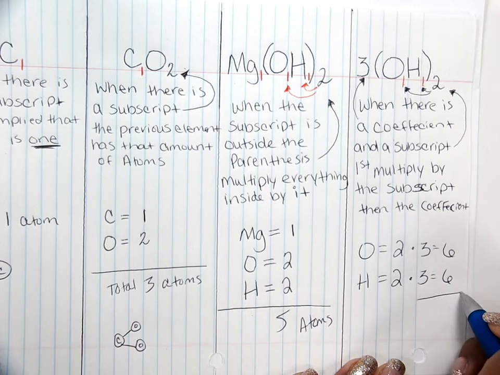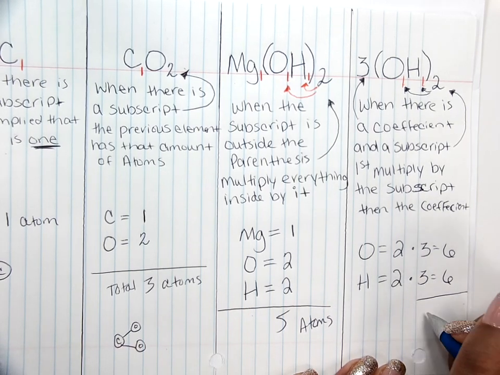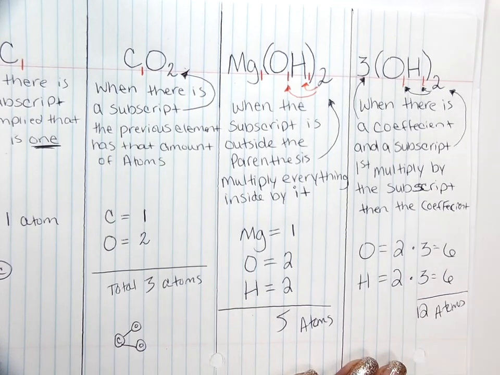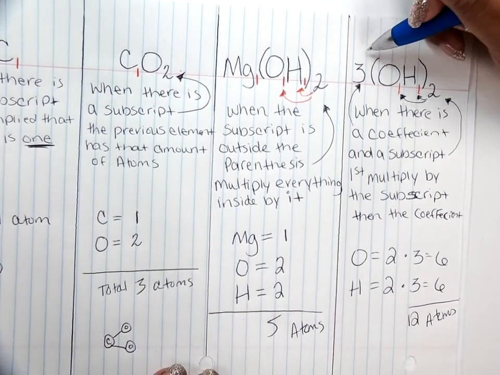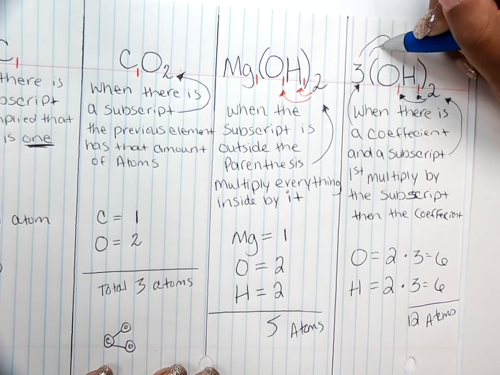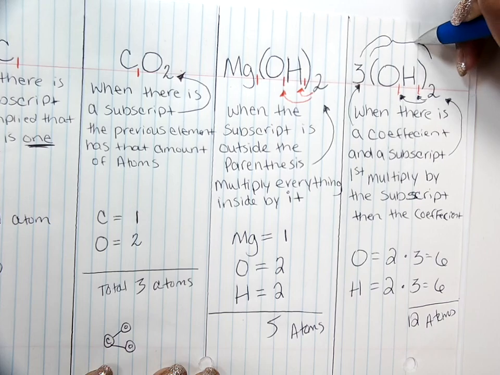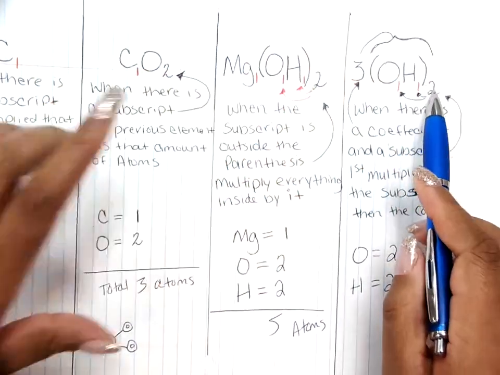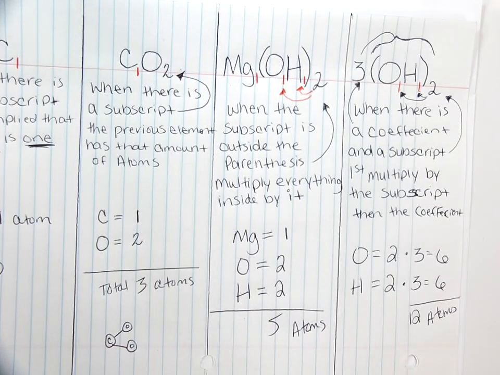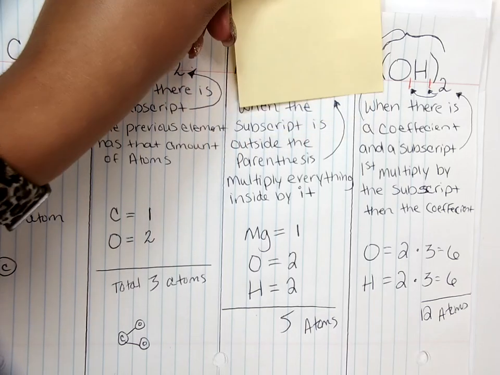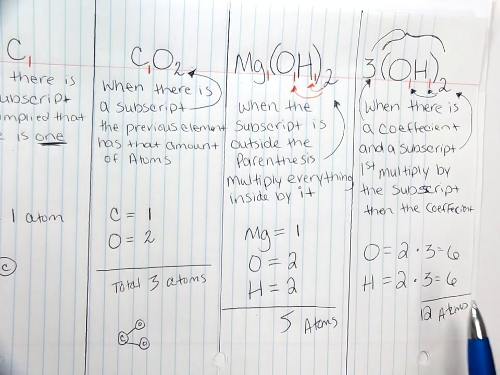So your total is 12 total atoms. Anytime you have a coefficient, do that last. Solve it and then multiply by whatever your coefficient is.